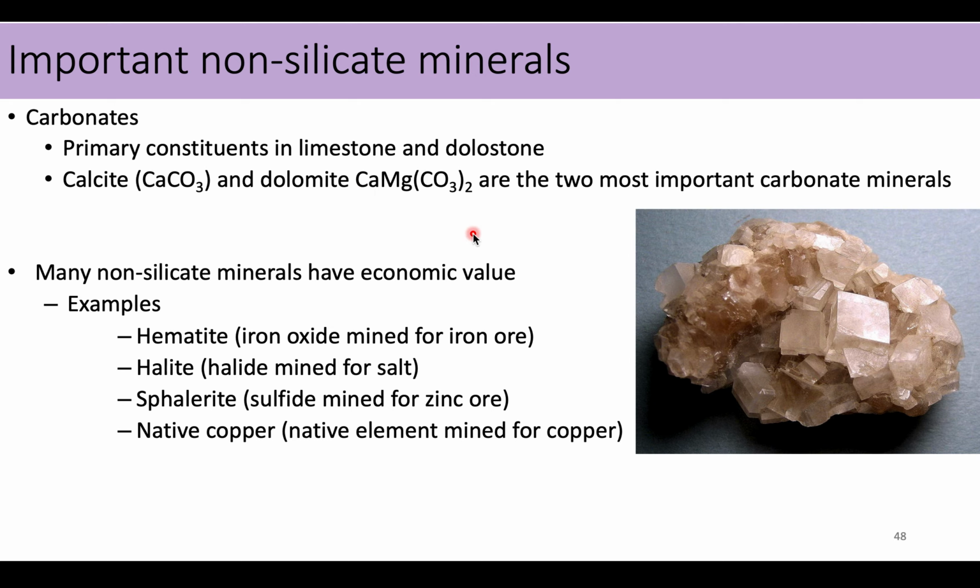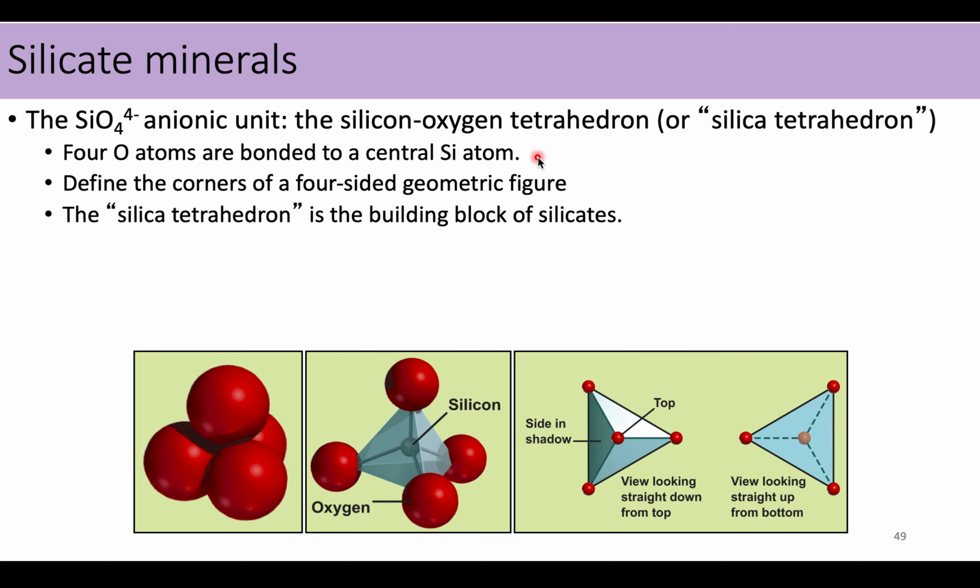Non-silicates have high economic value, so even though they only make up 4% of the minerals in our crust, they are often the more economically valuable minerals. Many of the metals that we use, iron, copper, as well as zinc and salt, are common non-silicate minerals that we rely on in many economies in today's world. So they make up 4% of our minerals, but they are still very, very important.